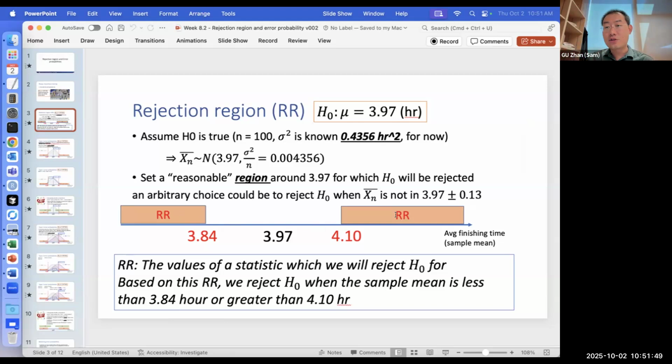And in the RR, which is the rejection region, the left side is 2.5% and the right side is 2.5%. And 3.97 plus or minus 0.13. What is 0.13? 0.13 is the margin of error, ME.